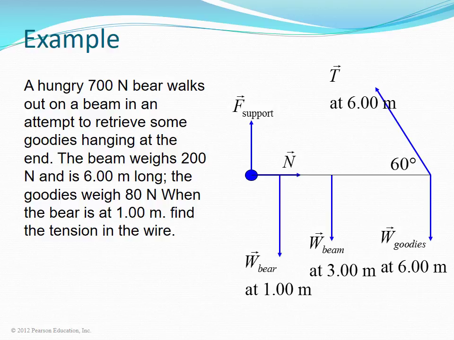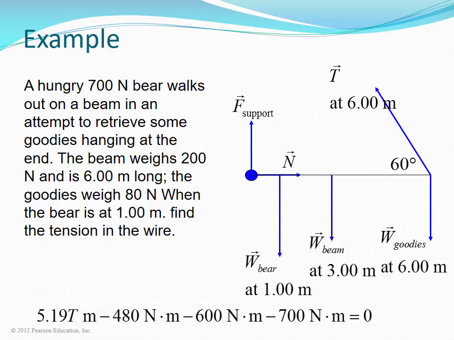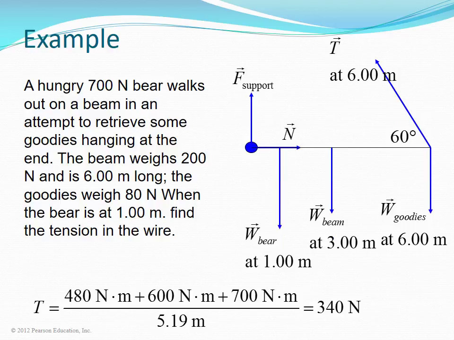Since the system is in equilibrium, the sum of the counterclockwise and clockwise torques must be zero. Summing all our torques and solving for the tension, T, gives 340 newtons.